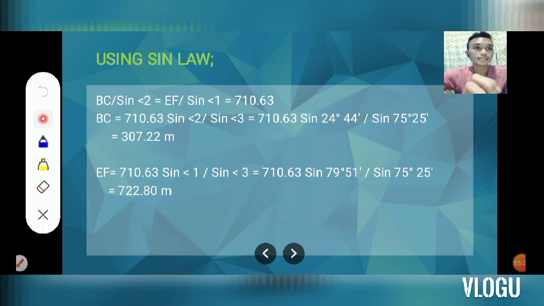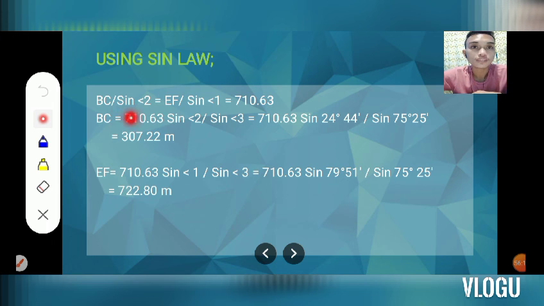Using the sine law, the formula is BC divided by sine angle 2 is equal to EF divided by sine angle 1, which is equal to 710.63 divided by sine angle 3.